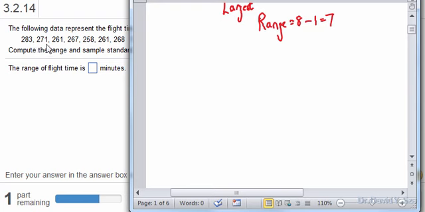Well, there's 283. Nothing is bigger than 283. So for these data, the largest value is 283. How about the smallest? There's a 271, 261, 258. 258 is the smallest.